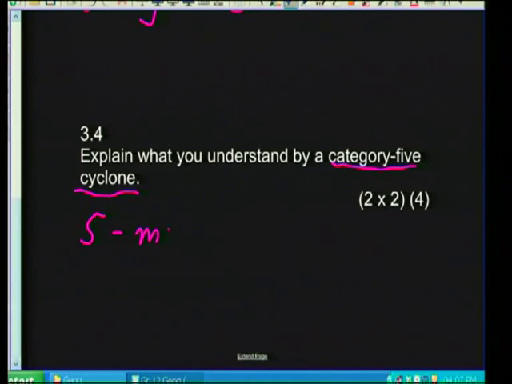So when we come across questions like this, and we only can find one factor, then your option here is to give an example. Okay? So we can say, first of all, a category 5 is the most devastating.